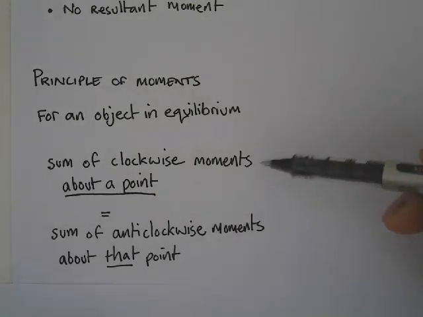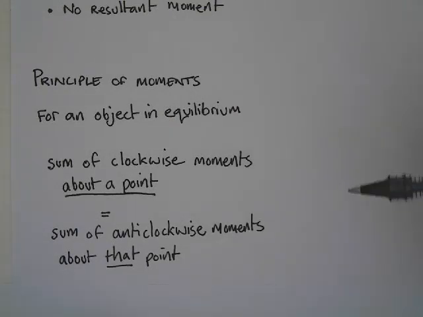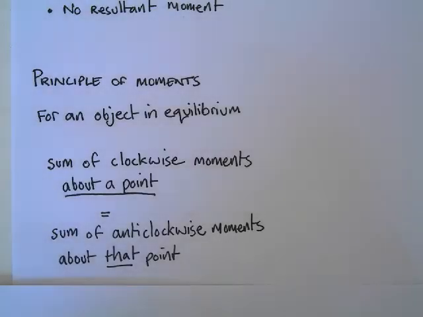Now this is important, it's something that's missed a lot. Most people would just write these first two bits, sum of clockwise moments equals sum of anti-clockwise moments. And that's true, but at A level you'll often have to decide where you're actually going to take moments about. You have to choose to use the same point every single time.